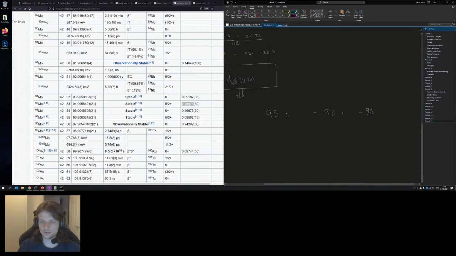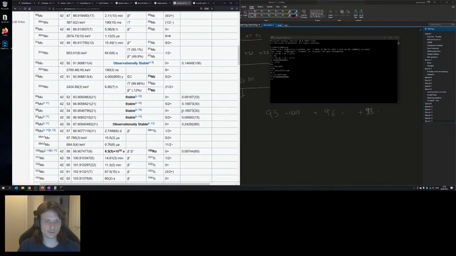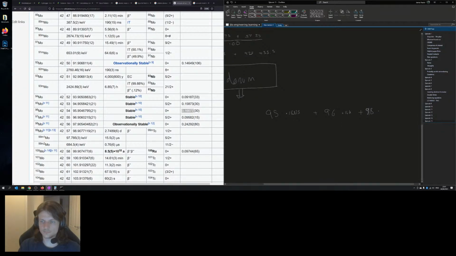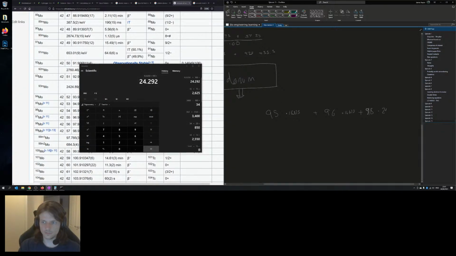15.873. And this one is 96. It's going to be that. 16.673. And 98 is, wait, 24.292.